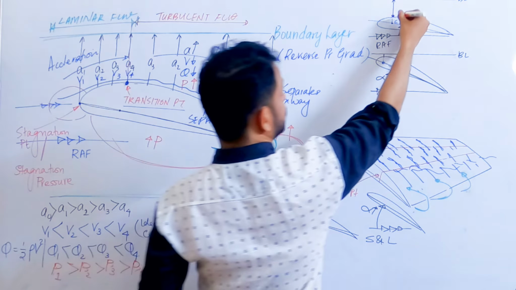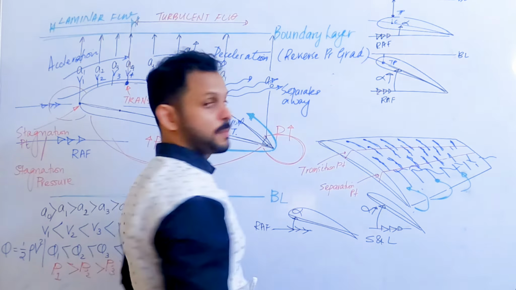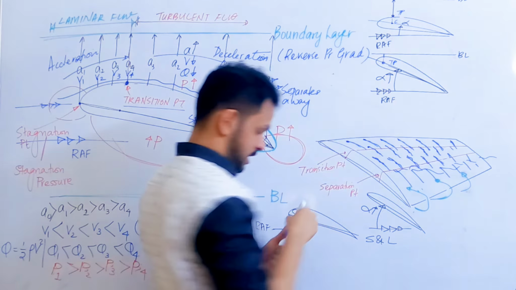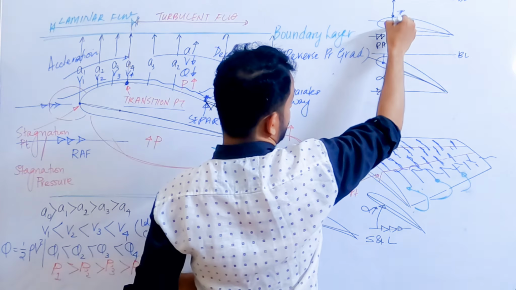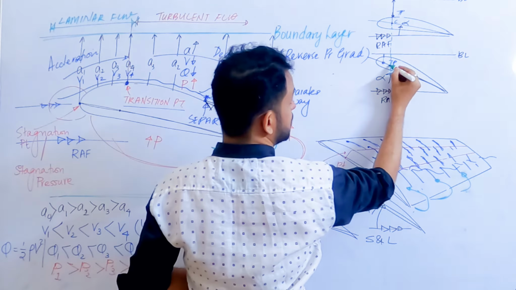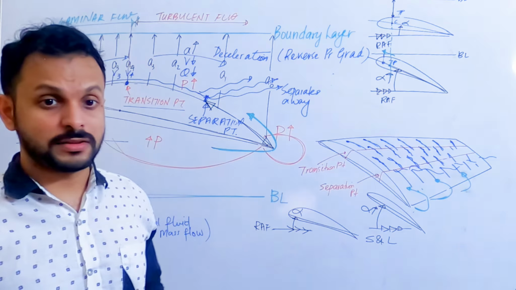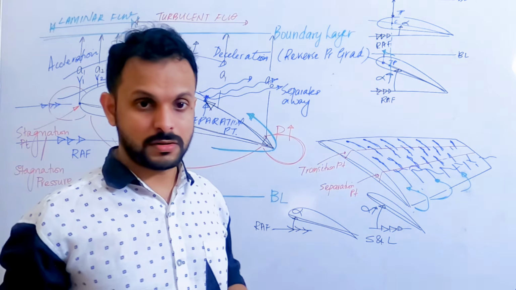But this is your transition point. So what happened to the transition point here? You can see the transition point which was initially in this line, so much of a chord line. It was initially here. What happened to the transition point? As you pitch up, your transition point is moving closer to the leading edge.